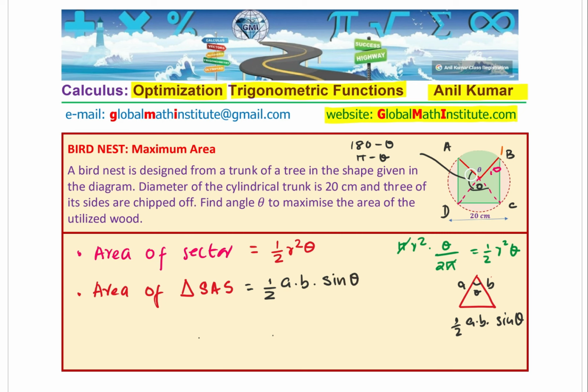But if the angle is 180 minus theta, then you also know that sine of 180 minus theta is also sine theta, right? So effectively, area of all the 3 triangles is same, right? Because A is equal to B is equal to r, correct? So here, we have three different triangles, but their areas are exactly same.